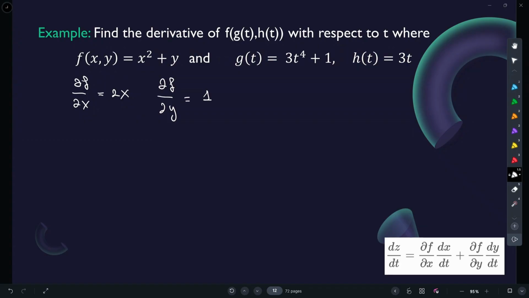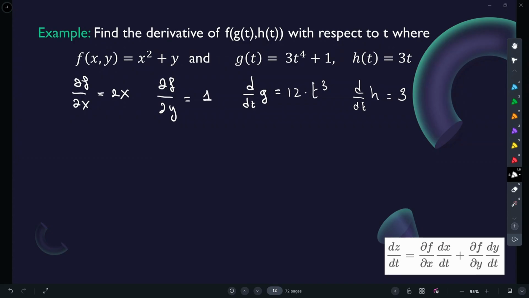I'm going to need the derivative of g with respect to t, and that's going to be a power rule, 4 times 3, so 12 times t cubed plus 0, and the derivative with respect to t of h is just 3.